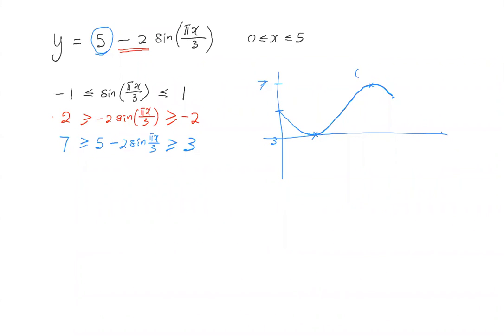Can you find the coordinates of the maximum and minimum? The minimum point is 1.5, 3.